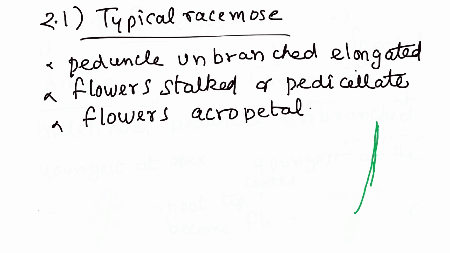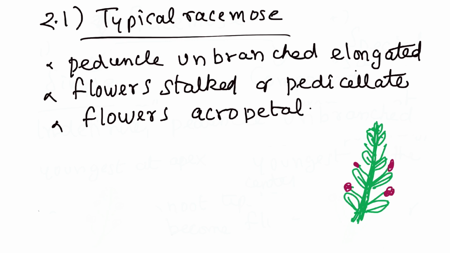A very important example in this particular case is the radish plant, the inflorescence of the radish plant. Typical racemose means that, as the wording indicates, the general key features of the racemose inflorescence are seen in this case.